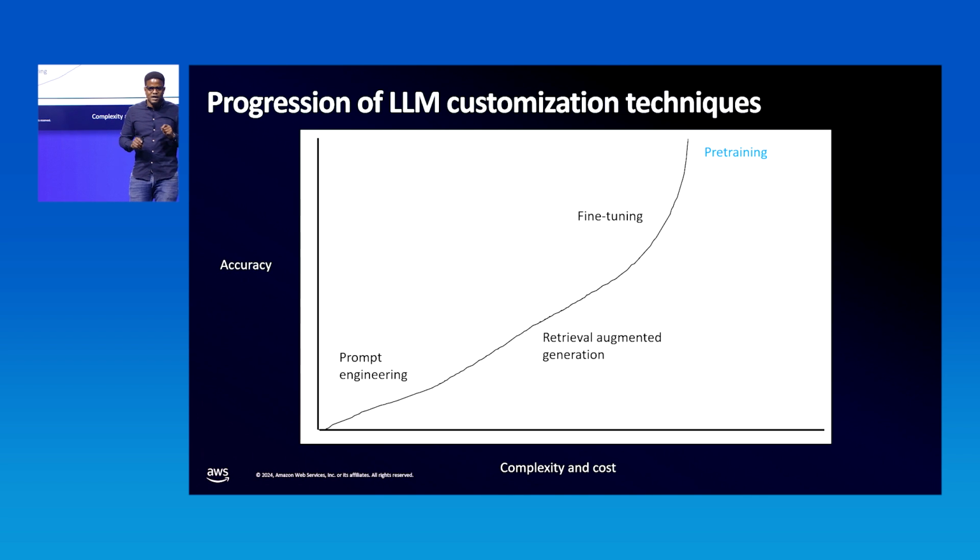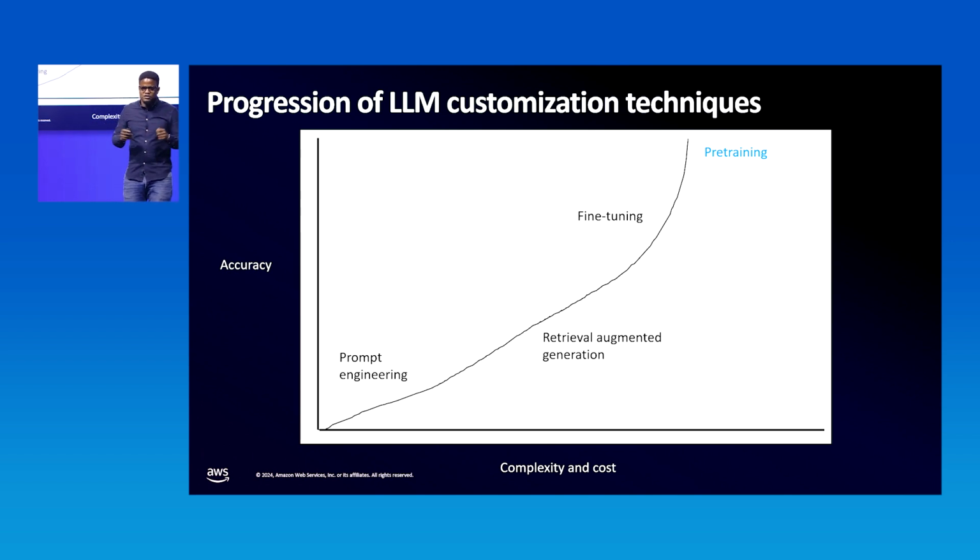Higher accuracy comes at the increased cost of complexity and resource requirements. Thus, it's essential to evaluate these techniques based on your use case, domain expertise, budget constraints, and the size and quality of your dataset. In today's session, we'll focus solely on fine-tuning as it offers a fair balance between the accuracy improvement and the practical implementation for most businesses.